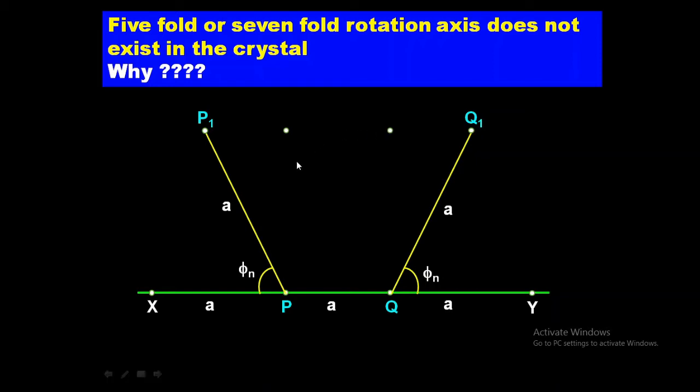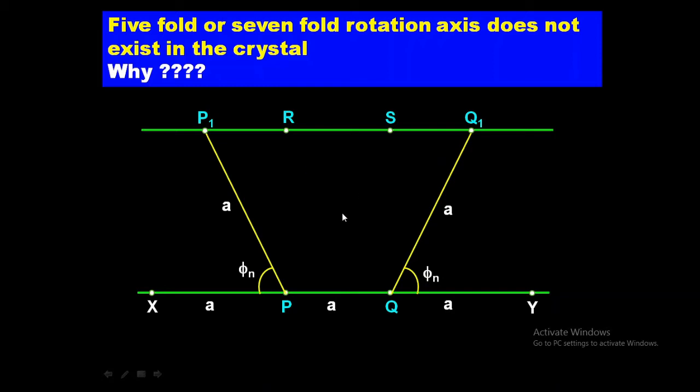We'll consider these lattice points as r and s. So we will get a new row of lattice points, p1 r s q1, with the help of rotation and translation symmetry.